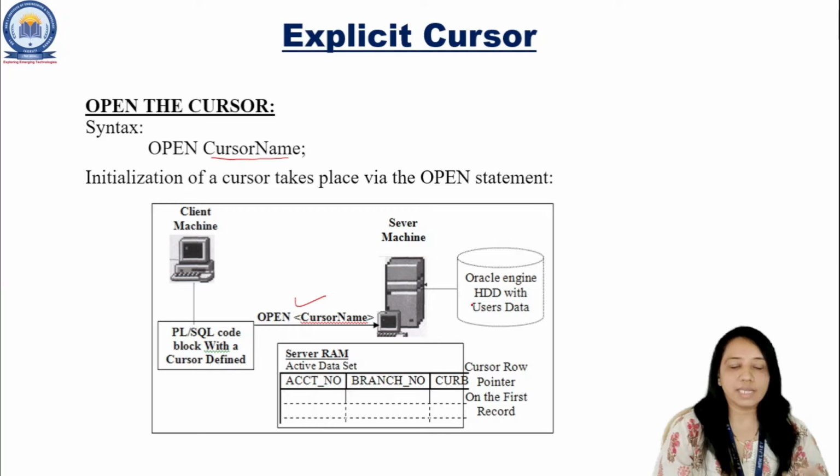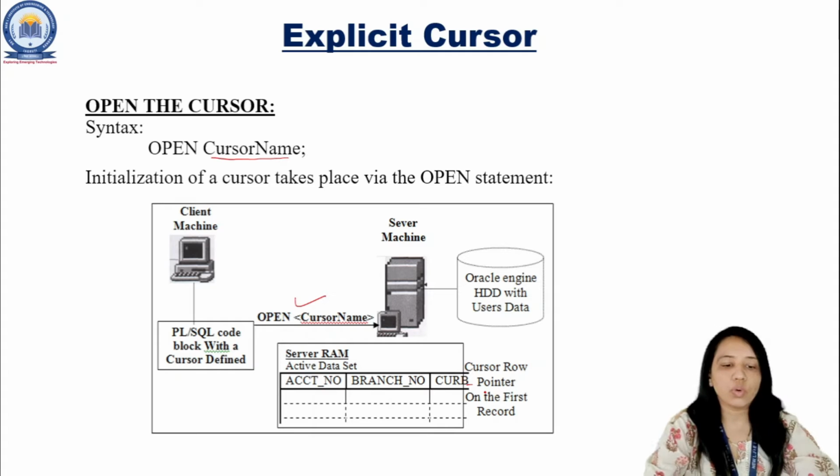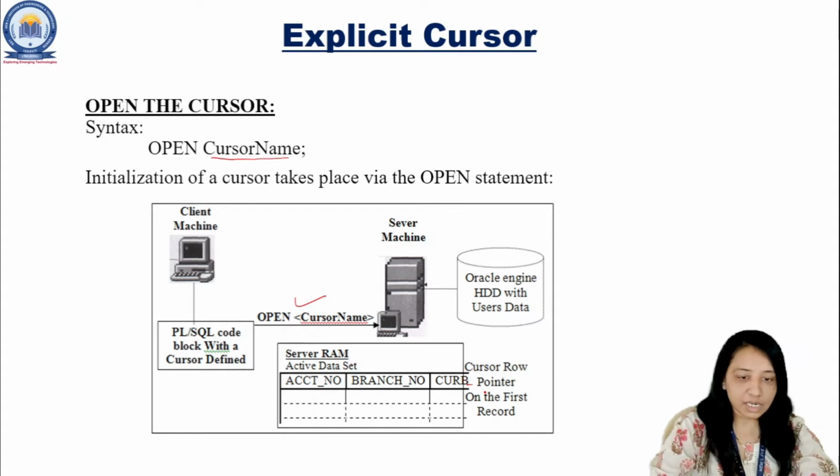That data is held at the server side and is called the active data set, and a row pointer is maintained that points to the first row of the active data set.